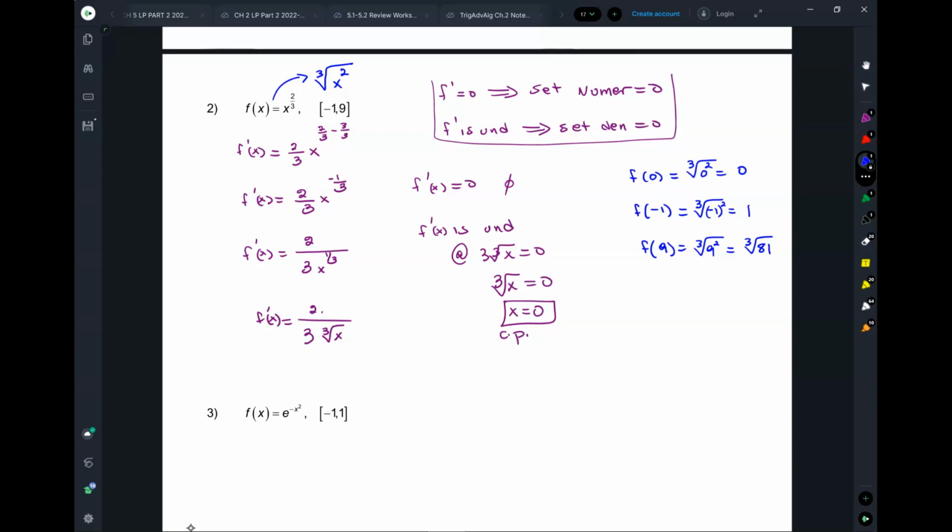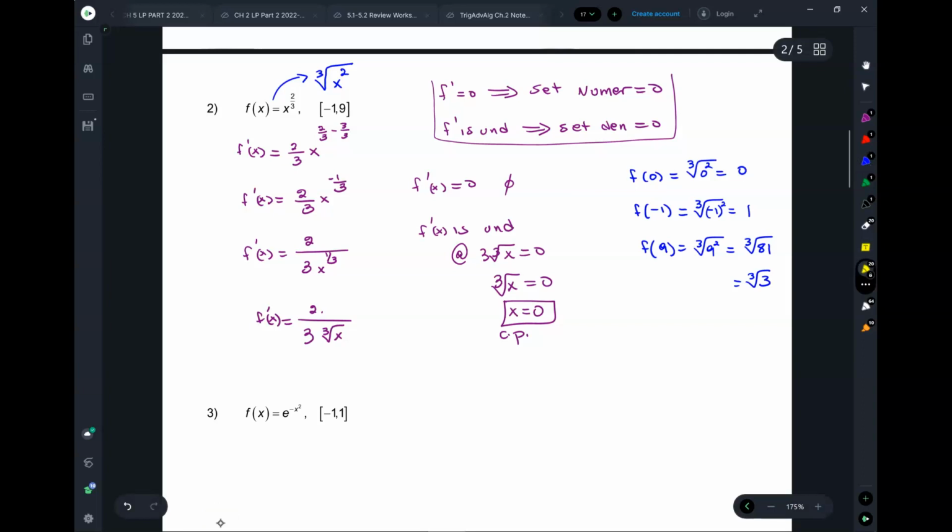So this is 3 times 9 times 9. Cube root means you can group them by 3s and they come out as a single number. So 1, 2, 3, they get grouped and they come out as a 3. That poor thing can't leave, so it stays inside. So that's 3 cube root of 3.